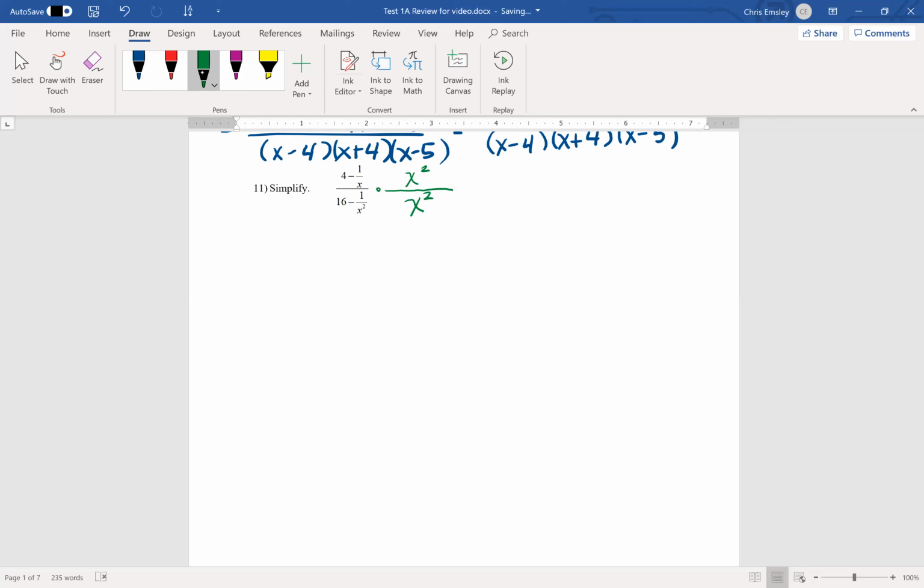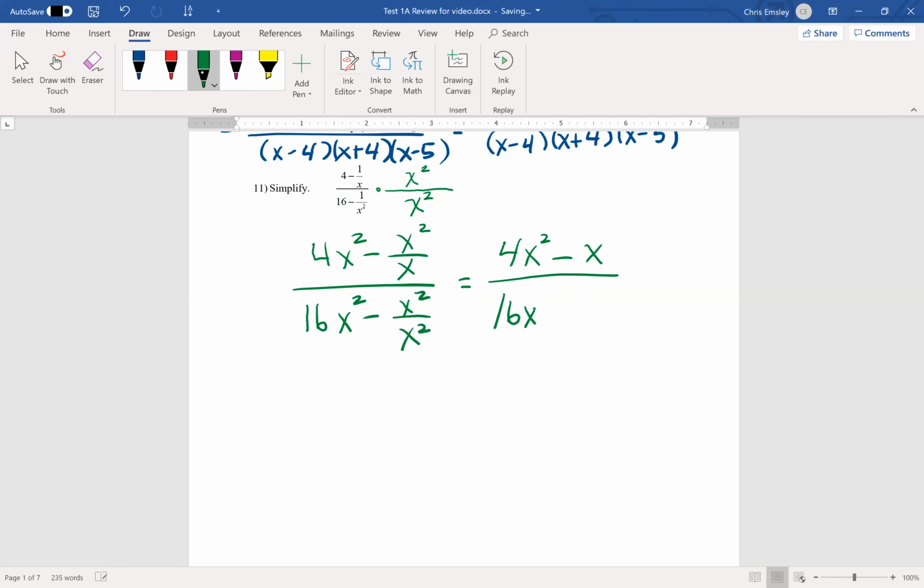Okay, so we need to distribute that up top. We get 4x squared minus x squared over x. On the bottom, we get 16x squared minus x squared over x squared. And then we can do some simplifying. X squared divided by x is just x. X squared divided by x squared is 1.